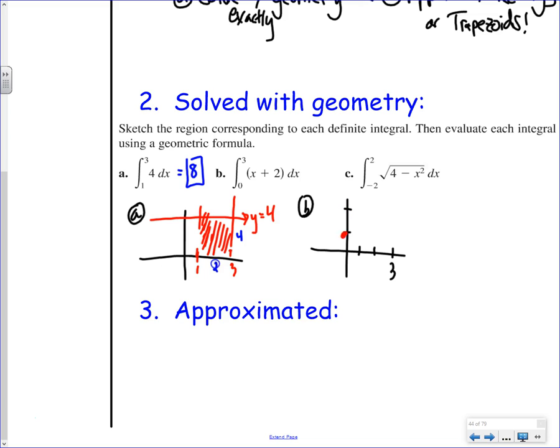Let's move that down and make these tick marks a little different. So that's 2, and that's 4. You go up 1 over 1, up 1 over 1, up 1 over 1, from 0 to 3. Could we say that's a rectangle plus a triangle? Yeah, of course we could.